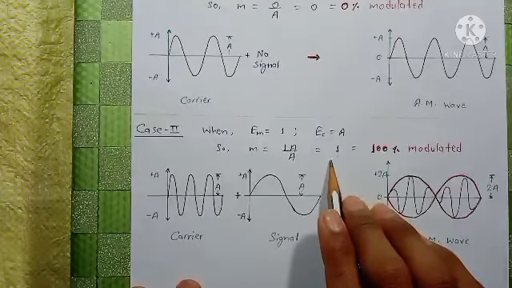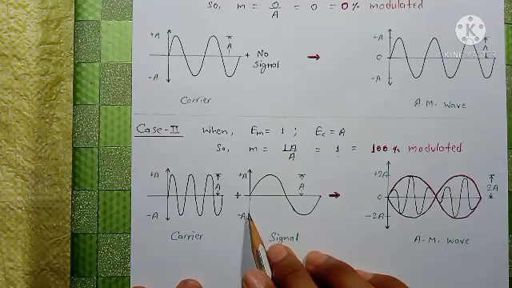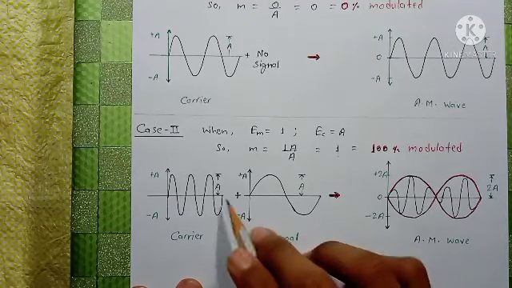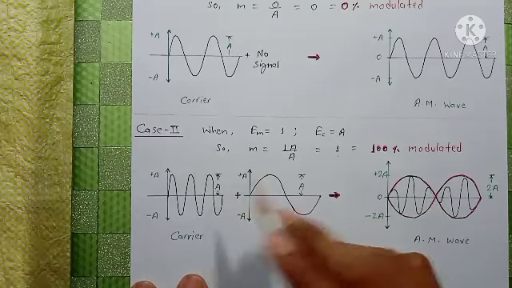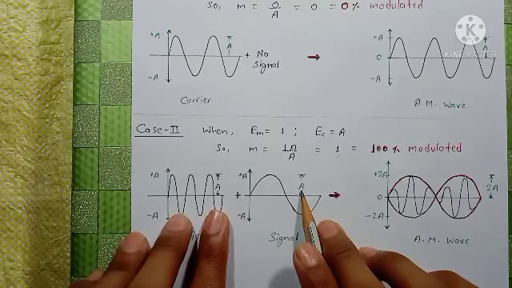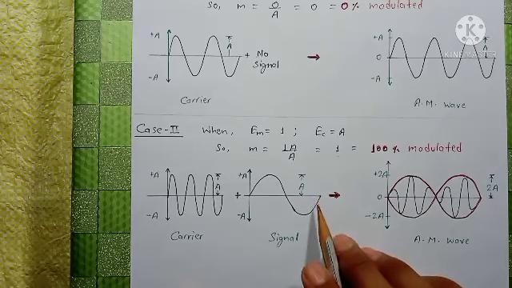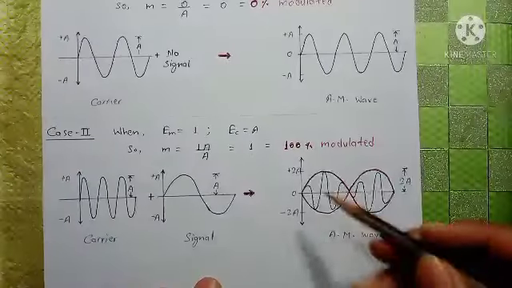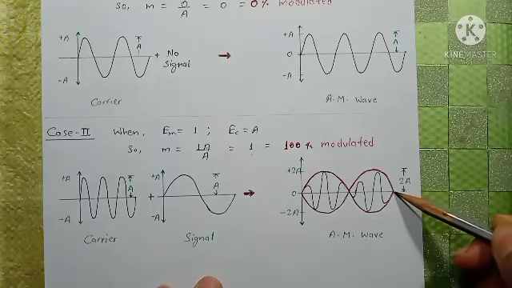So in the second case, the signal amplitude and the carrier amplitude are the same, both equal to A. In this case, the amplitude of the modulated wave varies between 2A and 0.